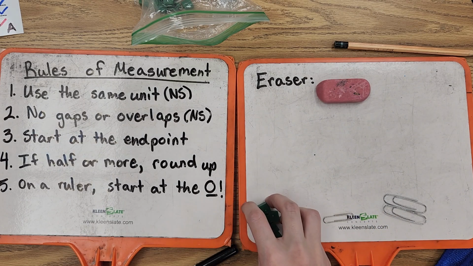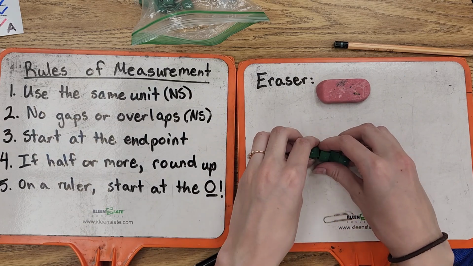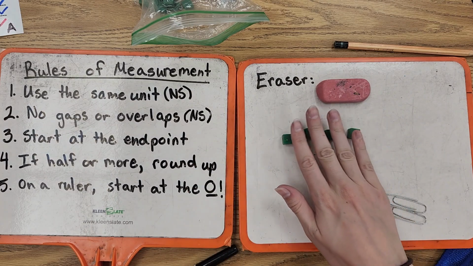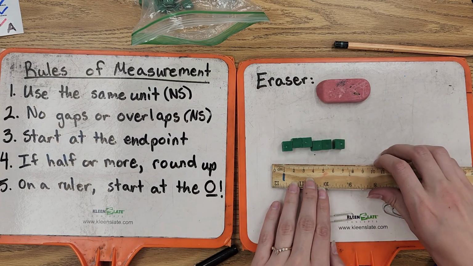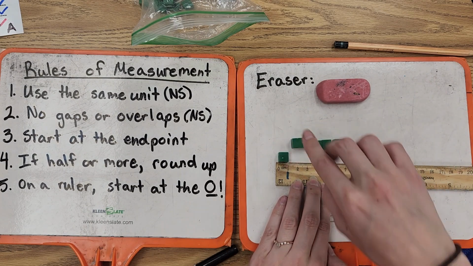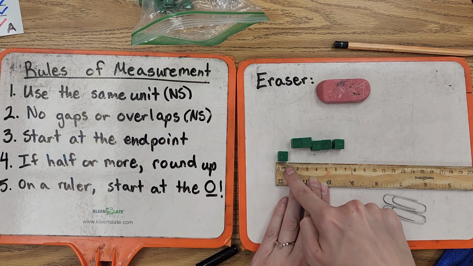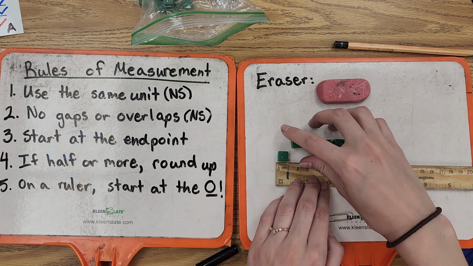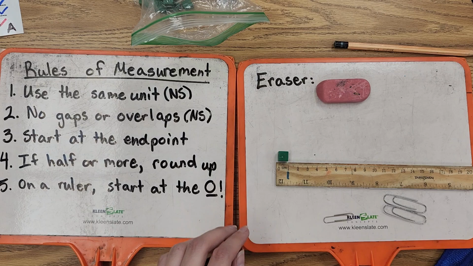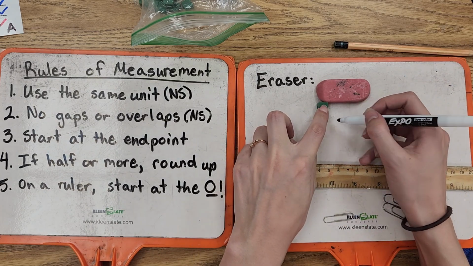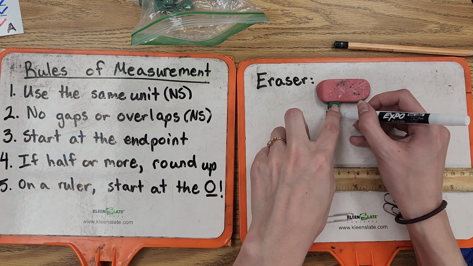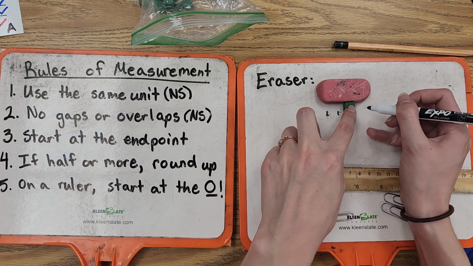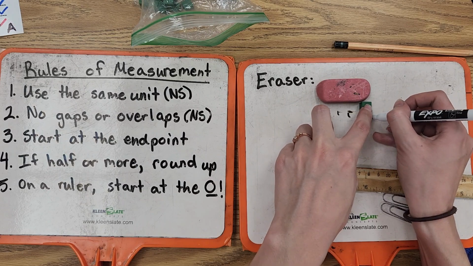The reason why we have these non-standard measurements, specifically these centimeter cubes, is because they want the students to understand that this ruler is made up of a unit and simply moving on. One of the ways that we learn to measure things is that we can use one unit to measure, where we mark and move, mark and move, mark and move, mark and move.